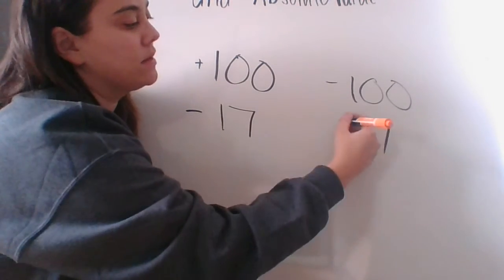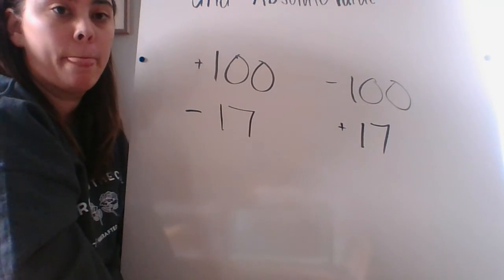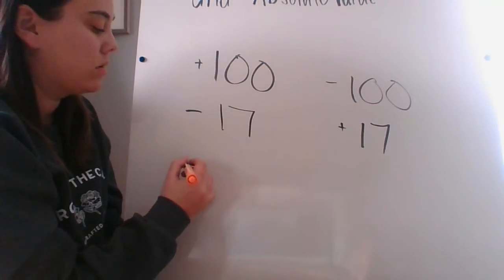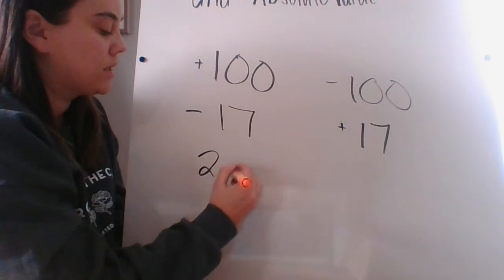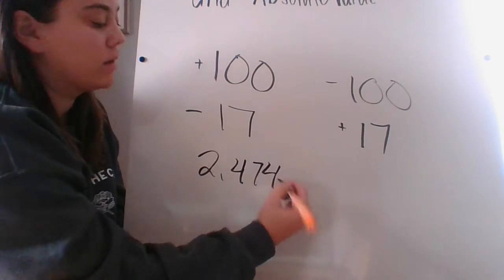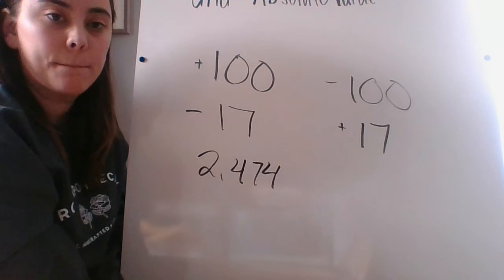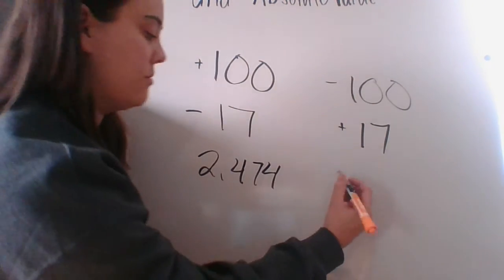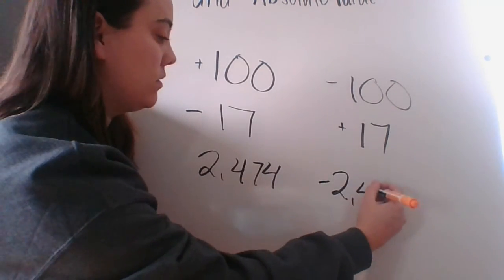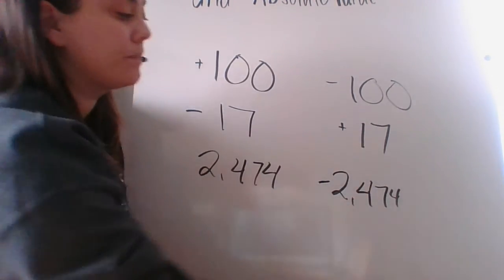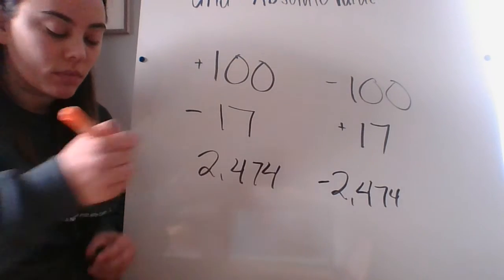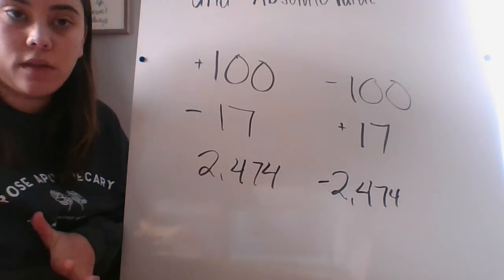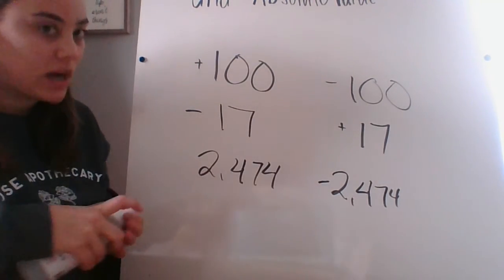Positive 17. What about 2,474? What's its integer opposite? It would be -2,474.